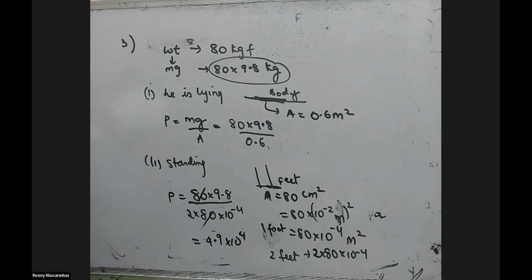Newton per meter square you can use, or you can mention pascals. Both ways are correct. You can write pressure in terms of Newton per meter square or Pascal. If anyone has a doubt in this, you can ask her.